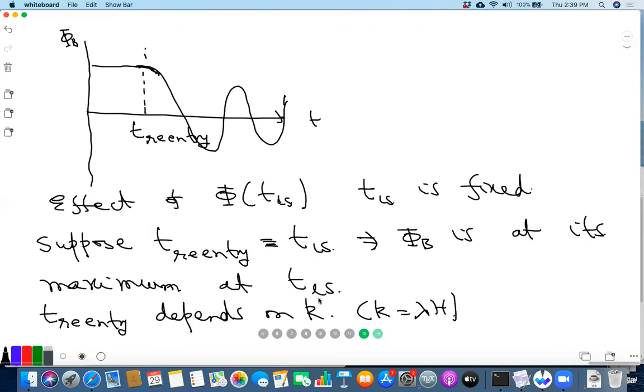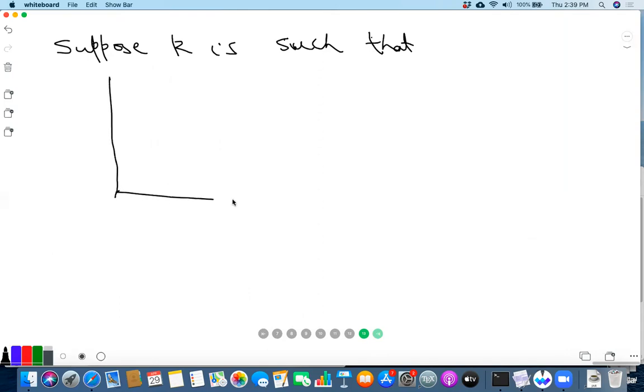So it may happen that as you vary K, the T re-entry is such that at TLS, phi b is at its minimum, or 0. So suppose K is such that the following picture holds. This, of course, is universal.